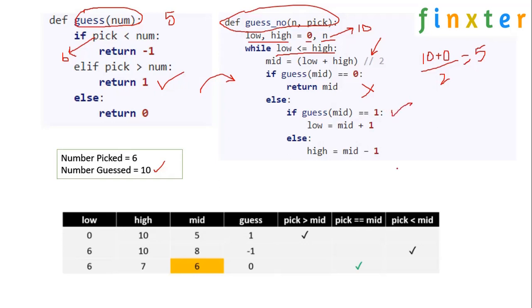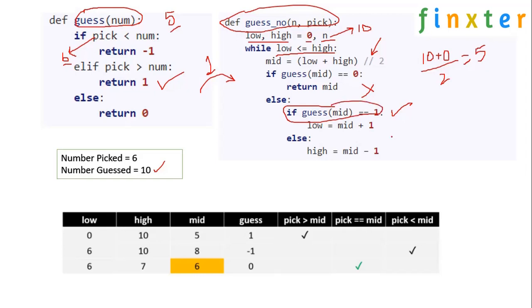And yes, in this case the value returned by the guess method is actually 1. Why so? Because 6, which was the picked value, was greater than 5, which was the value of mid. So this block gets executed.